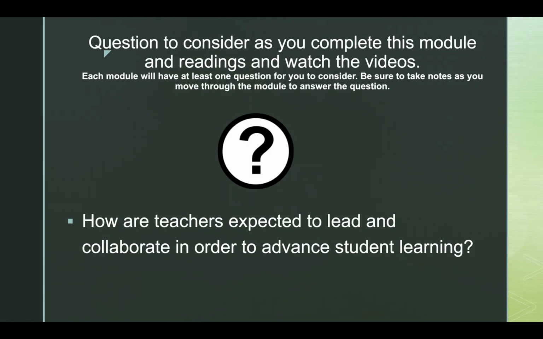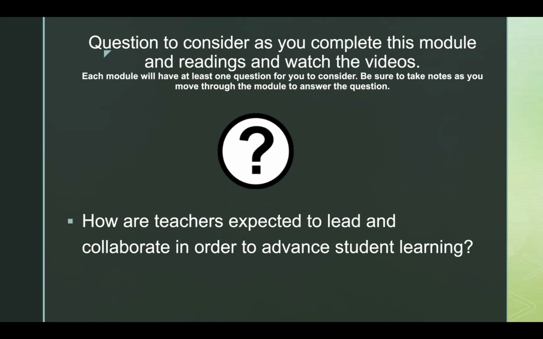So, each module will have at least one question for you to consider as you work through it. So be sure that you take notes as you move through the module so that you can answer your question. So your question for Module 1 is, how are teachers expected to lead and collaborate in order to advance student learning?